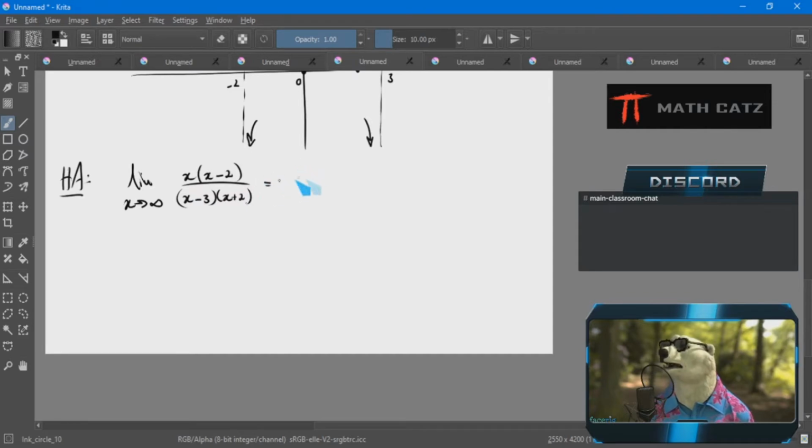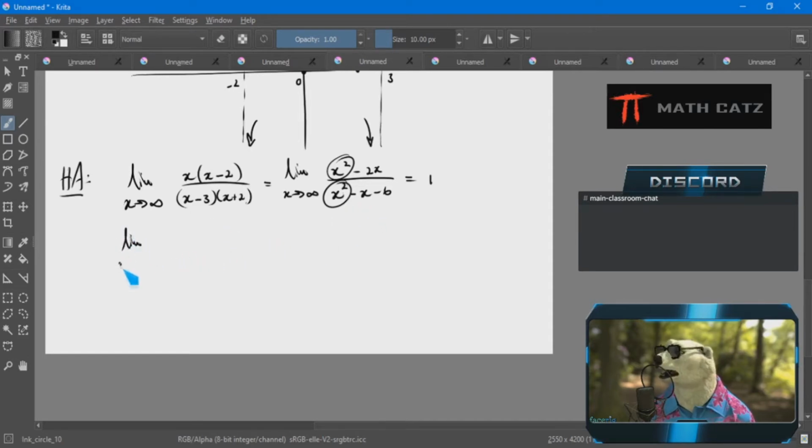In this case, I actually don't want to see the factors. I want to see the polynomials in the numerator and the denominator. Why? Because I know that for this infinite limit of a rational function, the answer is the ratio of the leading terms, and it's 1. Don't look at the factored version, look at the simplified version.